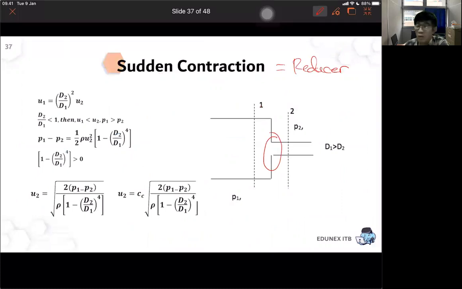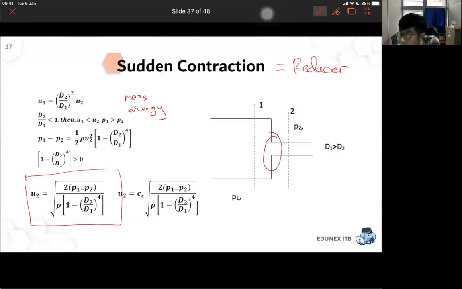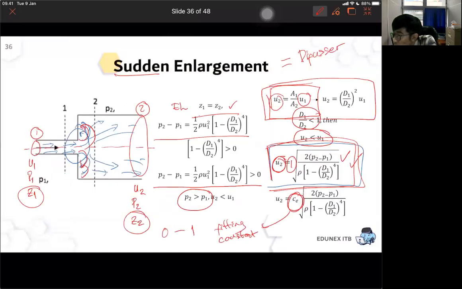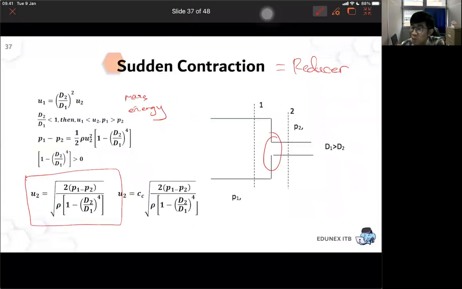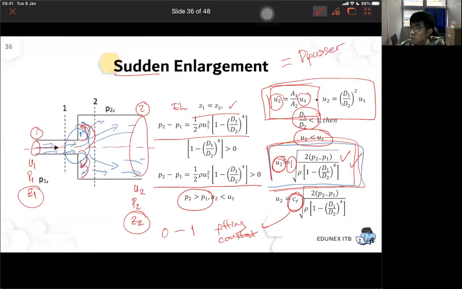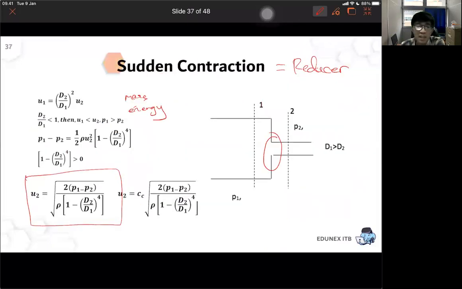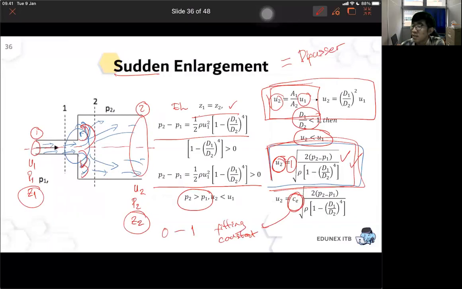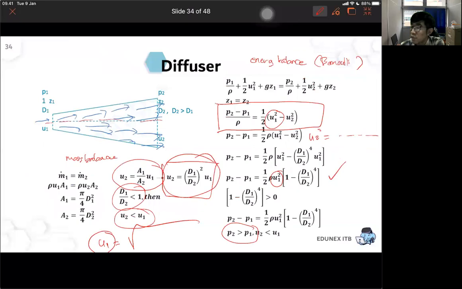With the same derivation, the same mass balance and energy balance, you will have U2 as well. Actually, for the equation, don't be confused because sometimes delta is P2 minus P1, sometimes P1 minus P2, and the ratio is D1 per D2 or sometimes D2 per D1. Just please check again from the initial equation and then try to rederive.